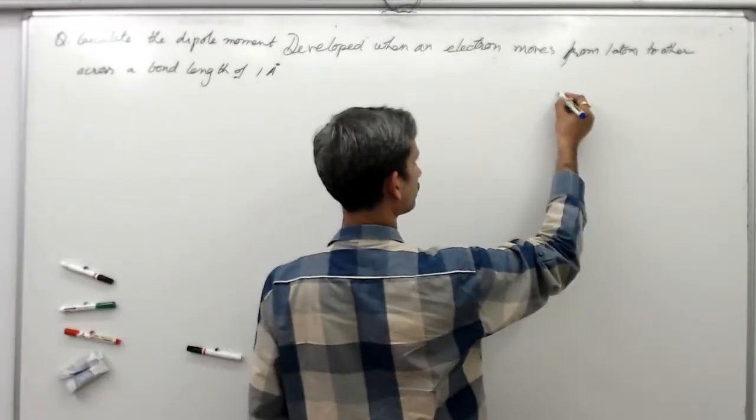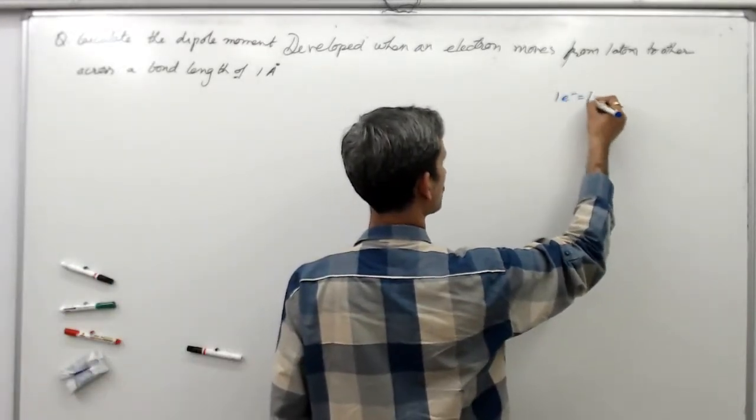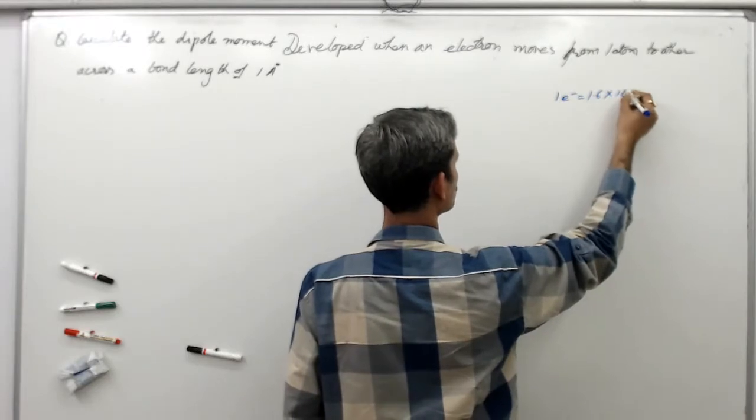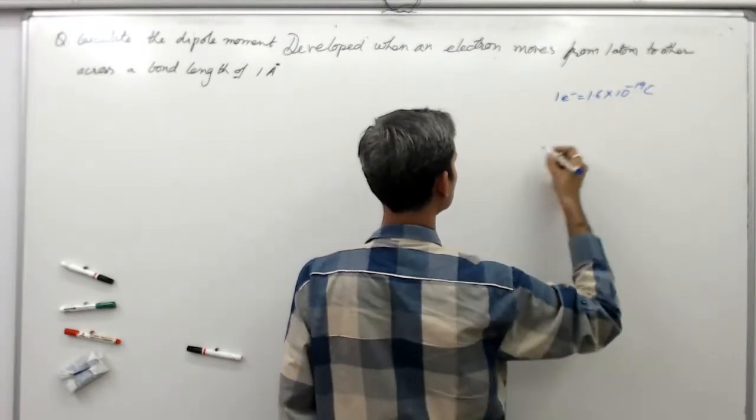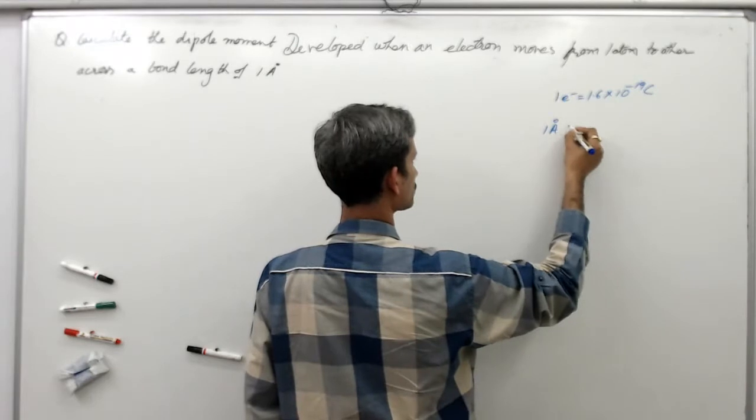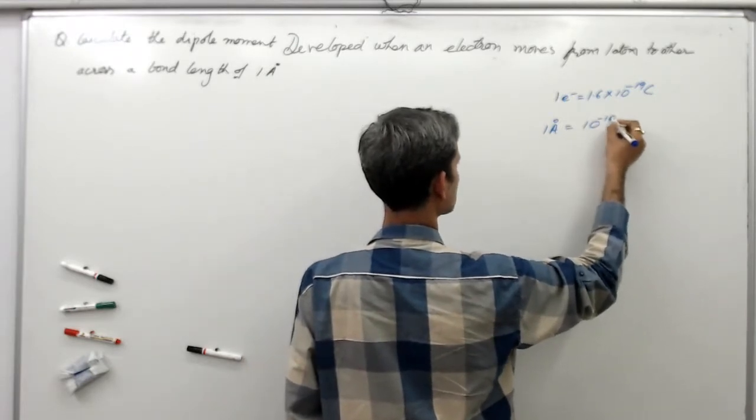Now the charge of one electron is 1.6 into 10 raised to power minus 19 coulombs, and 1 angstrom is equal to 10 raised to power minus 10 meter.